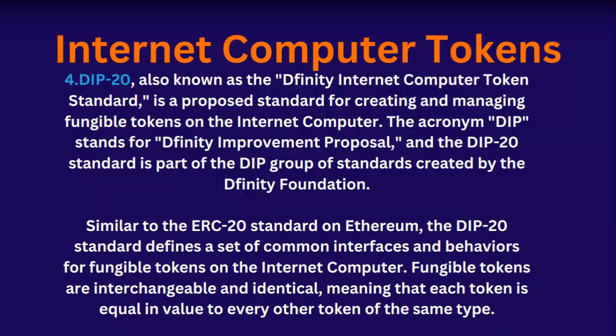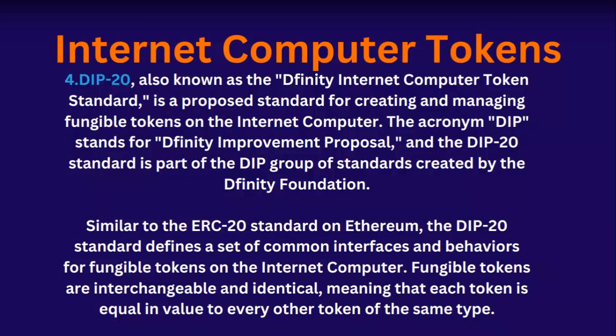It defines a set of common interfaces and behaviors for fungible tokens on ICP. Fungible tokens are interchangeable and identical, meaning each token is equal in value to every other token. Tokens deployed on, say, Ethereum are usually ERC20 type tokens.